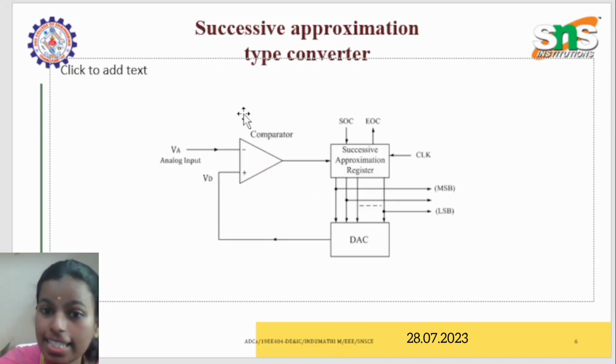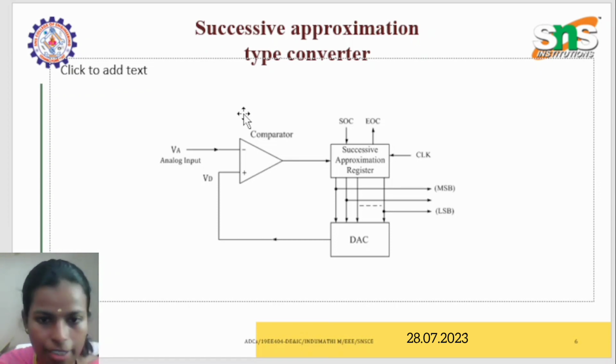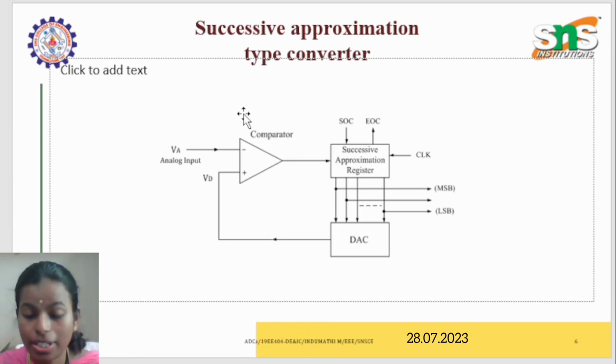Next comes the successive approximation type converter. Here also a comparator is used.